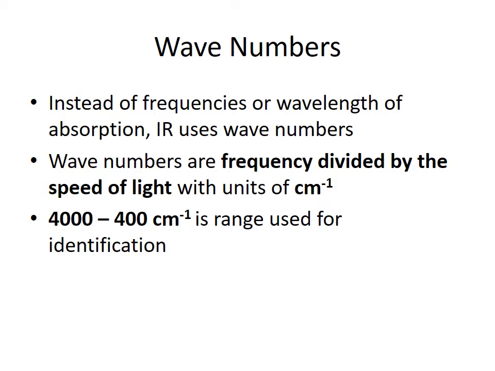The range of wave numbers that we look at in infrared are from 4,000 centimeters to the -1 to 400. That's the range that we're limited to, and really the most important range of that is even narrower. So let's go ahead and look at what peaks we can see.